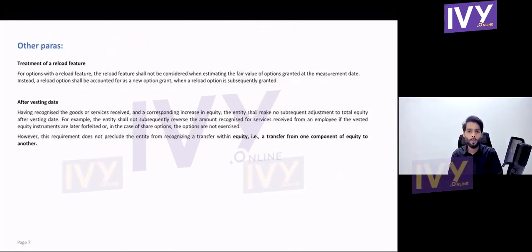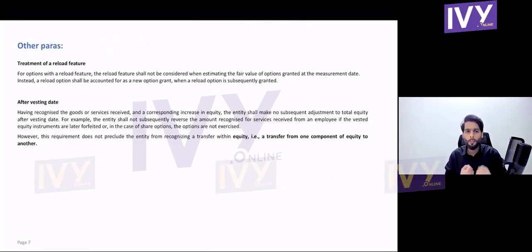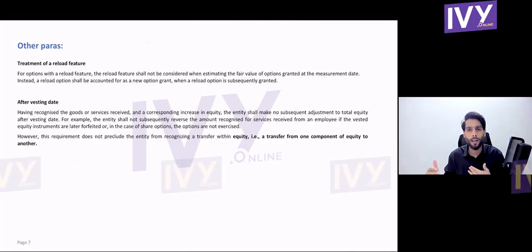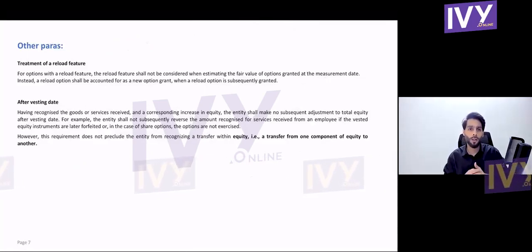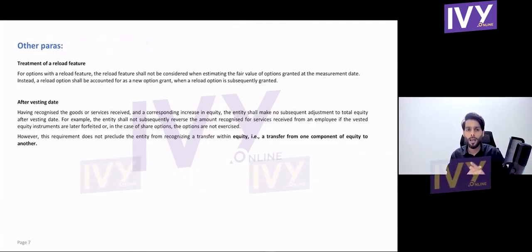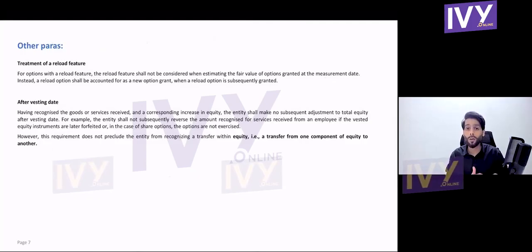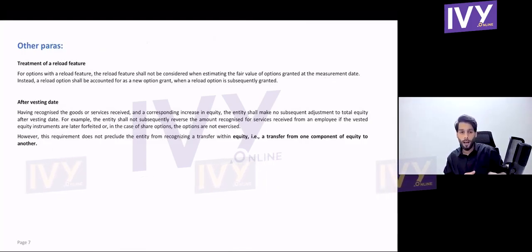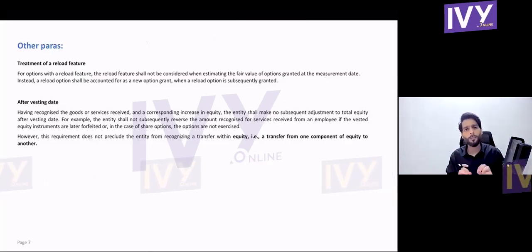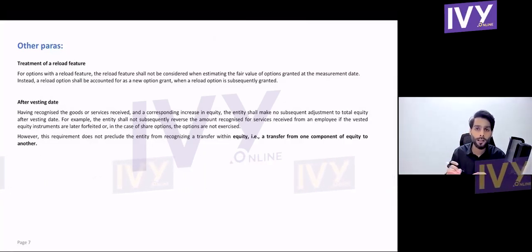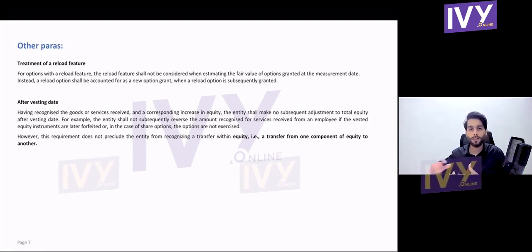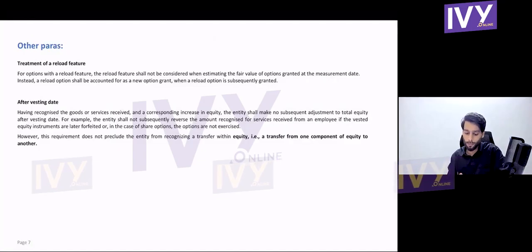But in order to have some more idea of what maximum your examiner can talk about, and other paras of IFRS 2, these are not must to know areas, but these are good to know areas. I'll talk about 2 particular paragraphs that are some sort of additional information that may give you an edge under an extreme circumstance if the examiner goes full-fledged into IFRS 2.